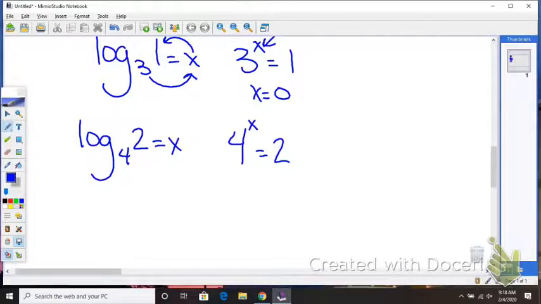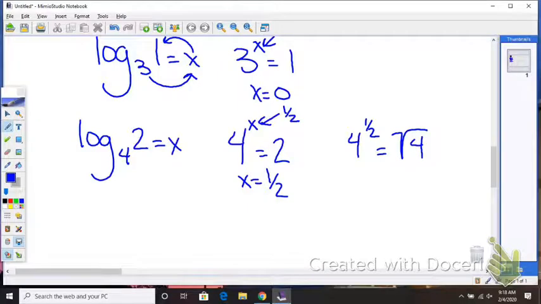Half. 1/2. If you have 4 to the 1/2 power, that's the same thing as saying the square root of 4. So x is equal to 1/2.